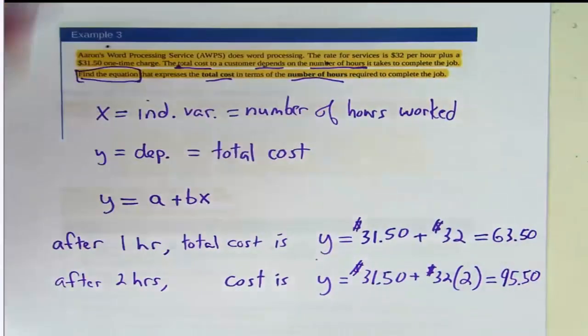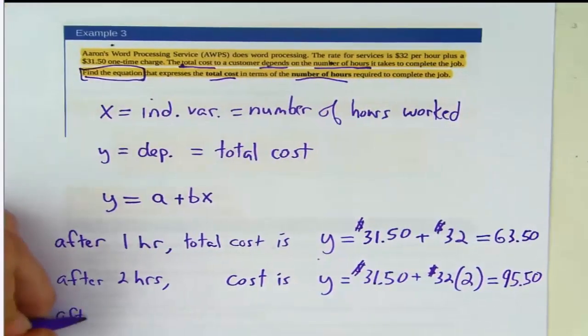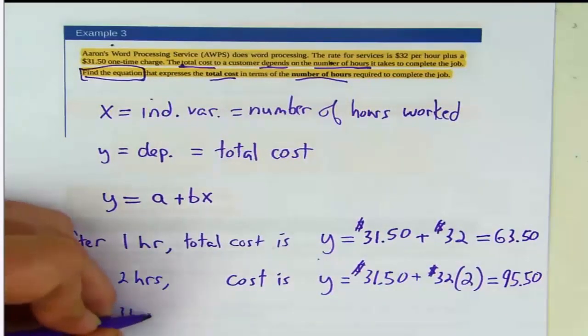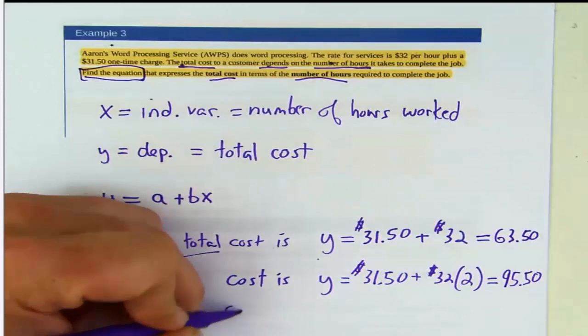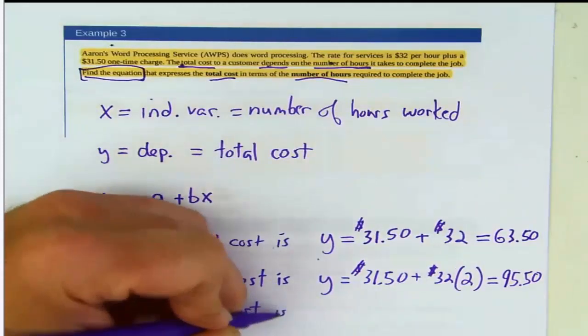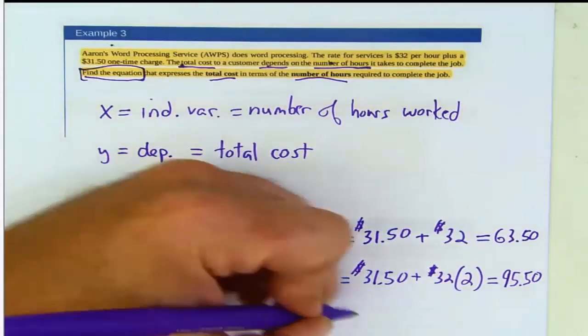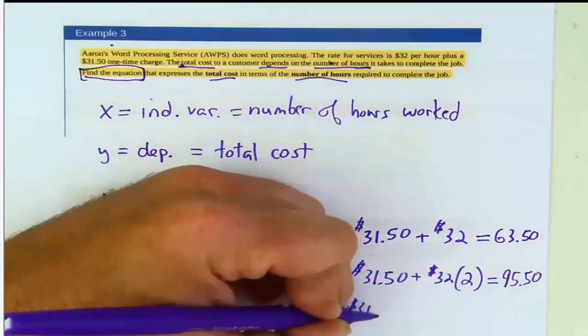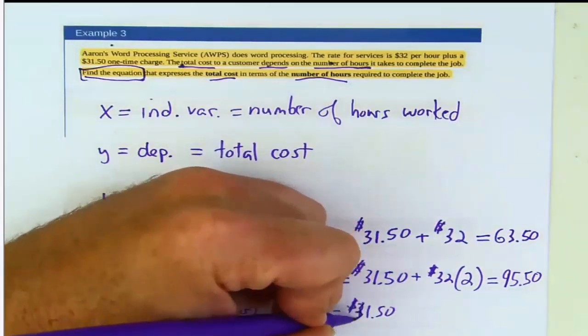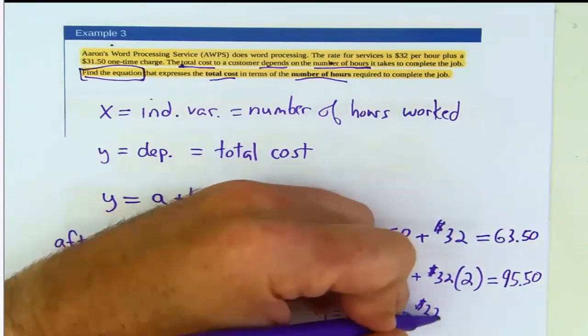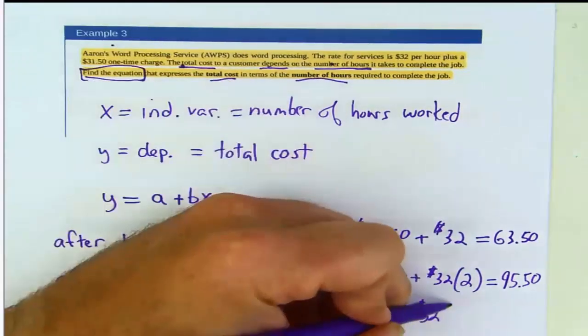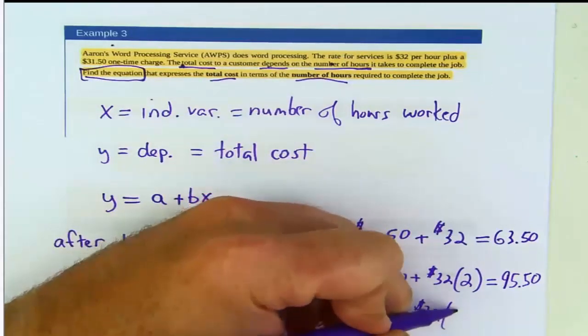And after 3 hours, right, total cost is y equals $31.50 for the flat fee, just for showing up, and then plus $32 per hour times 3 hours.